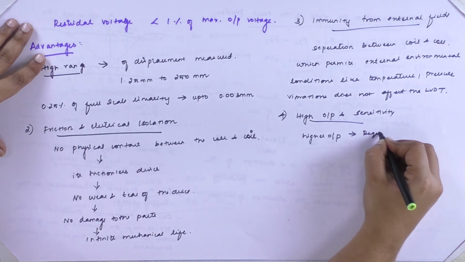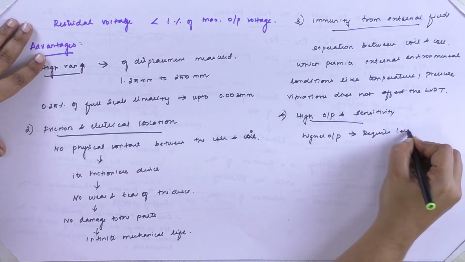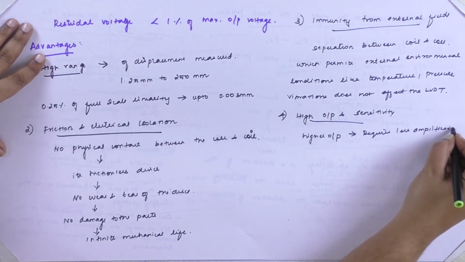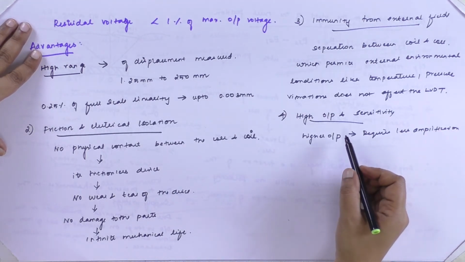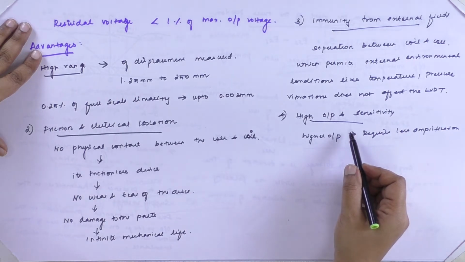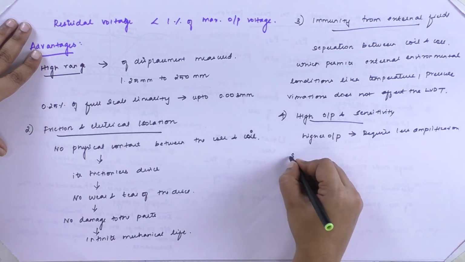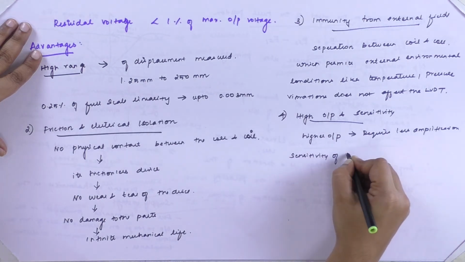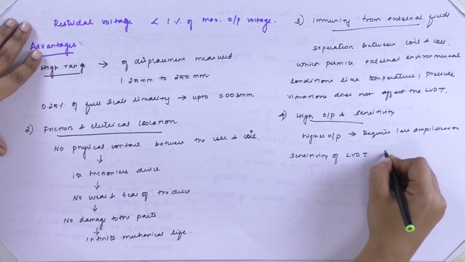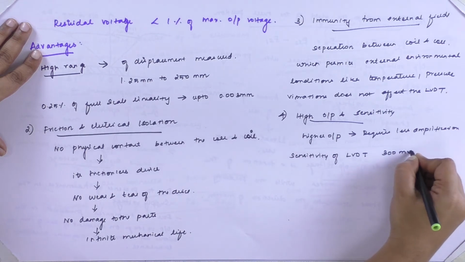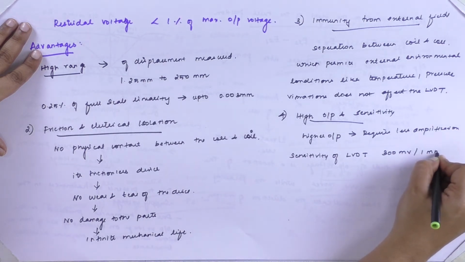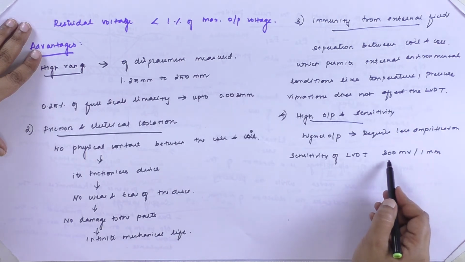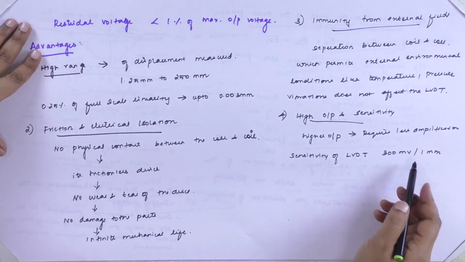It requires only less amplification. So there is no need for amplification in case of LVDT, and the sensitivity of LVDT is about 300 millivolt per mm. That is, 1 mm displacement will produce a voltage of up to 300 millivolt.